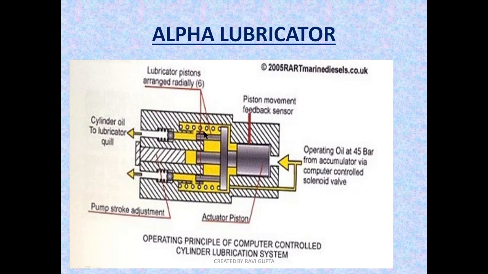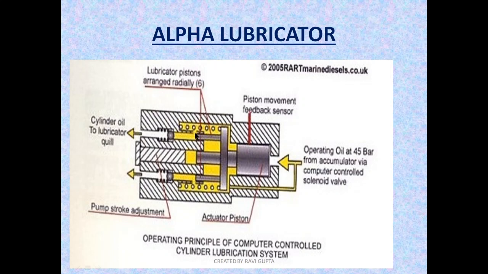So how is the cylinder feed rate varied? That question comes to our mind: if the amount of oil going to the lubricating quill cannot be adjusted, meaning the stroke of the piston cannot be adjusted, how are we going to adjust the feed rate?